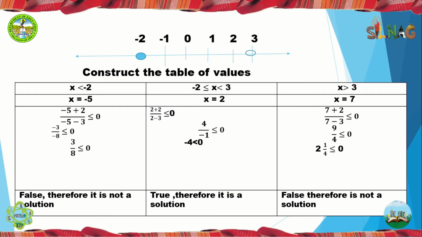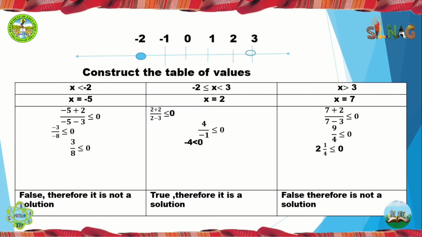Then we have to construct the table of values. So we have the first interval as x is less than negative 2. Second interval, x is greater than or equal to negative 2 but less than 3. And then we have the third as x is greater than 3.